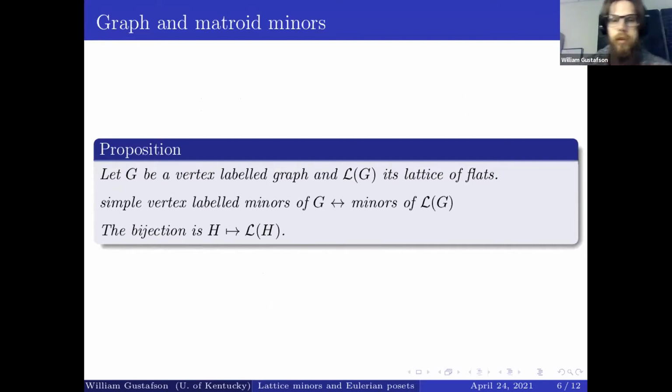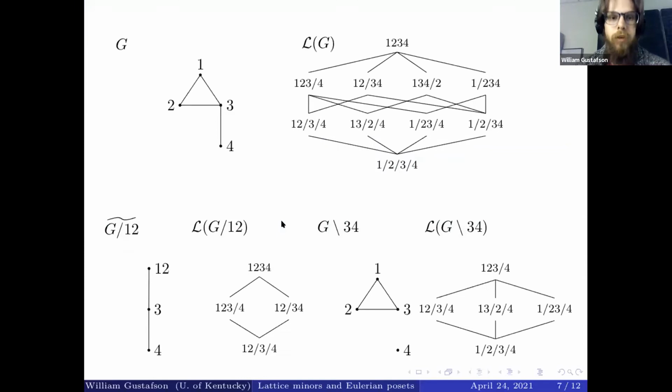Let me show you a picture, and I'll give you a little bit of an idea of how that works. Up here I have a graph with a vertex labeling, and here's its lattice of flats as partitions. These are all the partitions that you can get from this graph as the connected components of a subgraph.